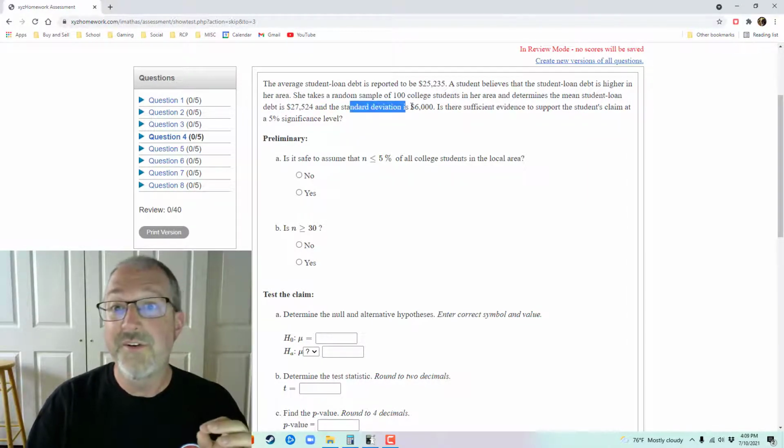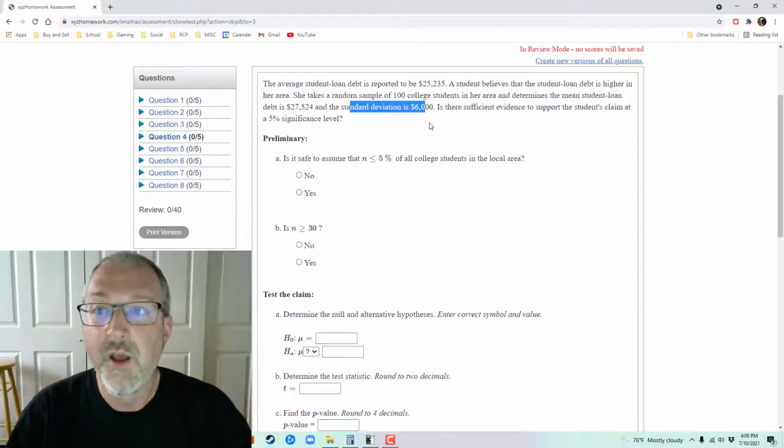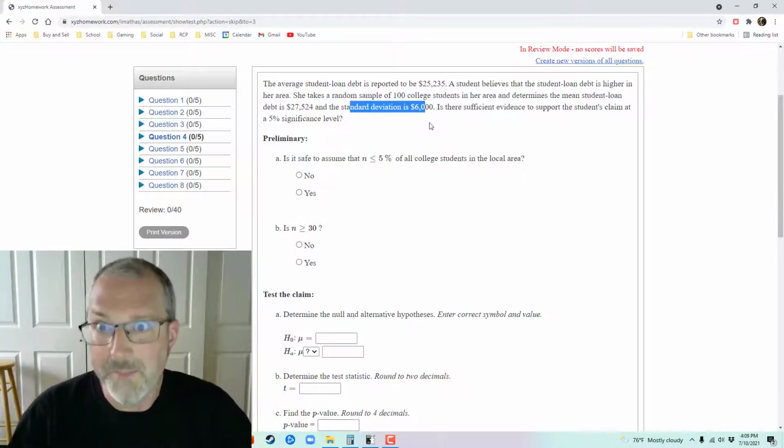And the sample standard deviation is what they give you, and not the actual known standard deviation of the entire population.